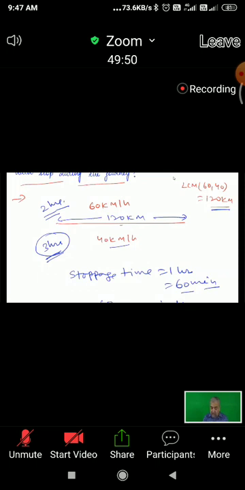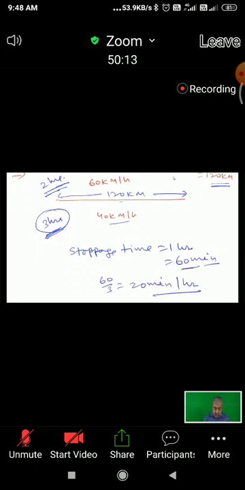Now 120 by 60, 2 hours without a stoppage is the time taken to cover 120 kilometers, and with a stoppage, time taken is 120 by 40, 3 hours. Obviously, the stoppage time is 3 minus 2, that is 1 hour, which is 60 minutes.